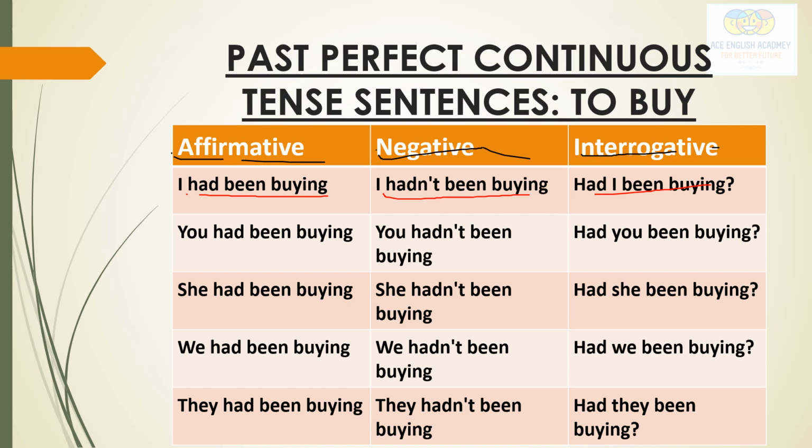You had been buying. You hadn't been buying. Had you been buying? So with all the subjects, you, she, we, they, we use had. So this is how we can use past perfect continuous tense to make different sentences.